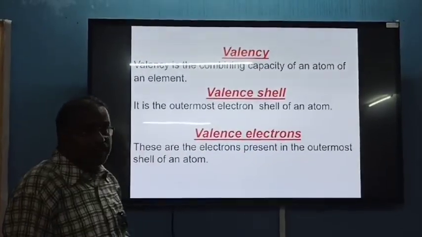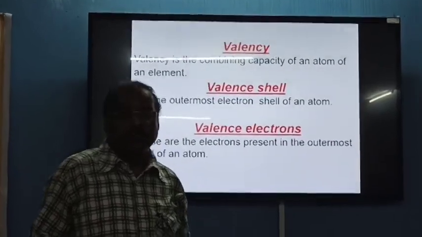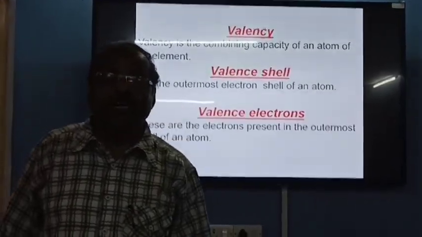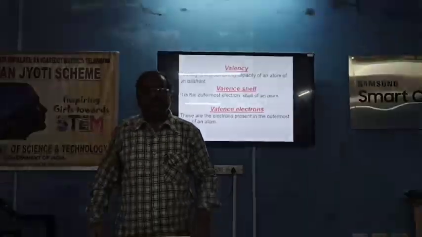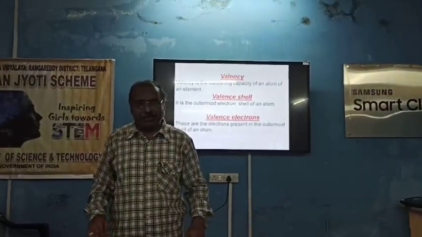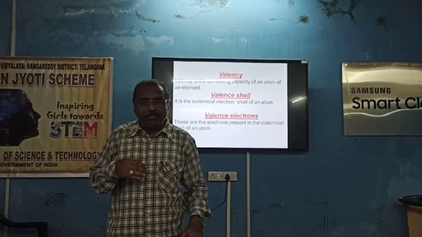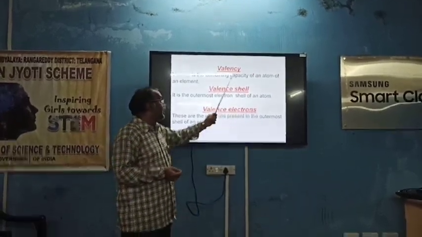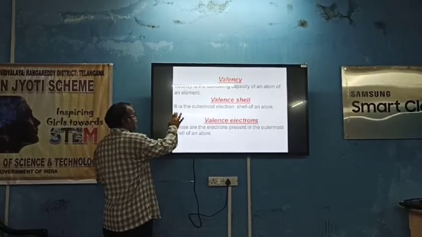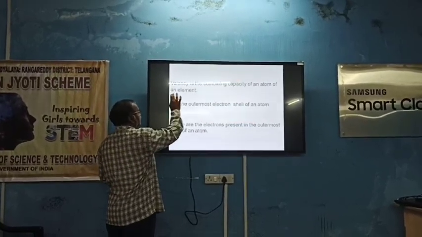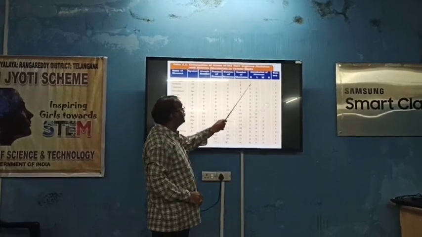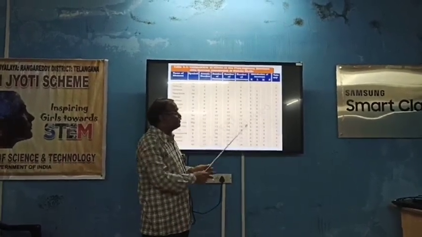Valency. What is valency? Valency is nothing but the combining capacity of the atom. With how many atoms it can combine, or how many bonds it can make, that can be taken as valency. And the valency shell: this last shell will be the valency shell.